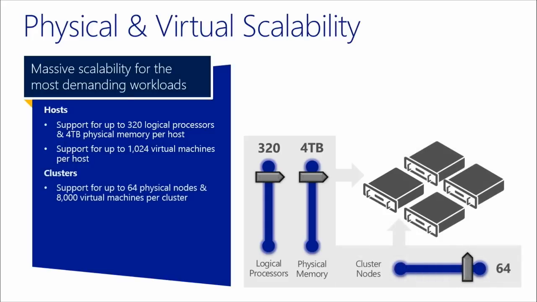And when we start to add clusters, we can really scale up even larger, 64 node clusters with over 8,000 VMs per cluster. But when you think about the boundaries of high availability for your VMs, we can even live migrate from one cluster to another cluster. So while we say that you're kind of limited at 64 nodes in a cluster, the fact that you have this extended mobility really allows you to scale out and make your entire data center highly available and do failover even between different clusters.